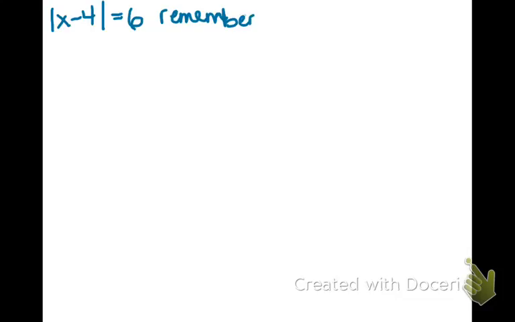It means that this expression, x minus 4, is equal to 6, or we know that this expression, x minus 4, is equal to negative 6. So the distance from 0 has to be 6 units on either side of 0. So the expression itself is either equal to a positive 6 or a negative 6 inside the symbol.